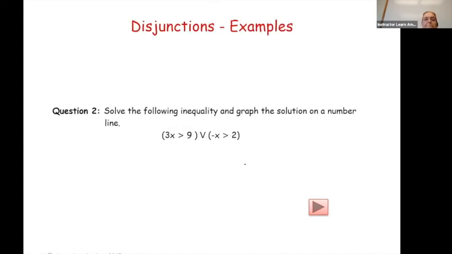Okay. Another example of a disjunction, 3x greater than 9 or -x is greater than 2. Well, if 3x is greater than 9, dividing both sides by 3, x must be greater than 3. But if we have -x is greater than 2, we would divide by -1, and we would have x is less than -2.